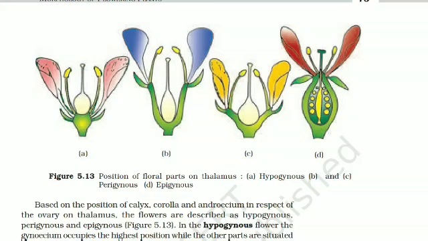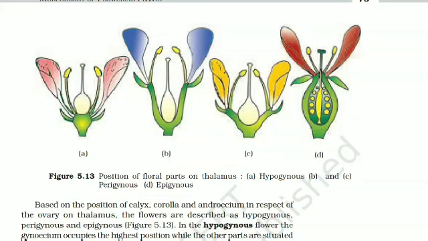And the last group, the epigynous flowers. The margin of the thalamus grows upward, enclosing the ovary completely, as you are finding in diagram D, and getting fused with it. The other parts of the flower arise above the ovary.